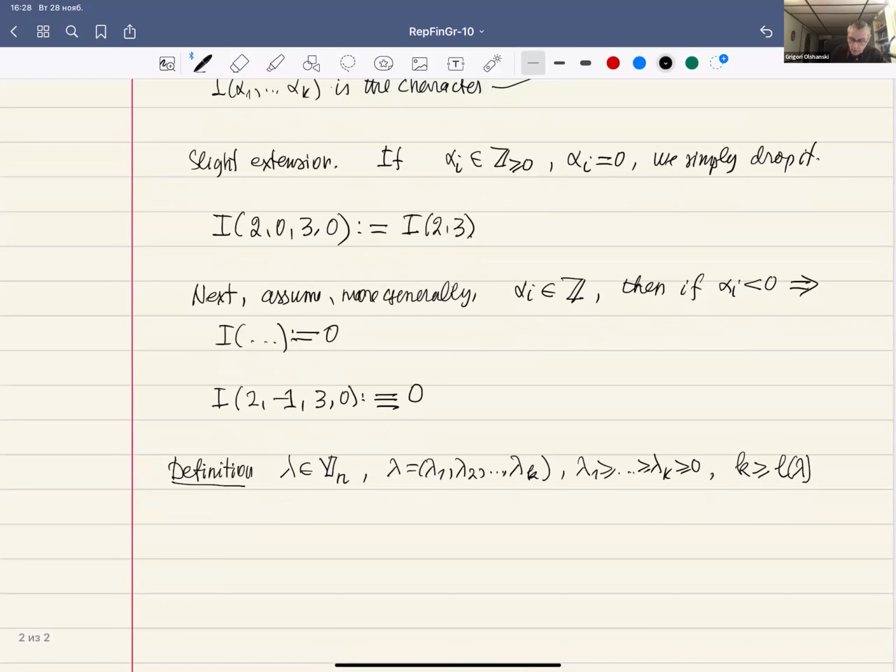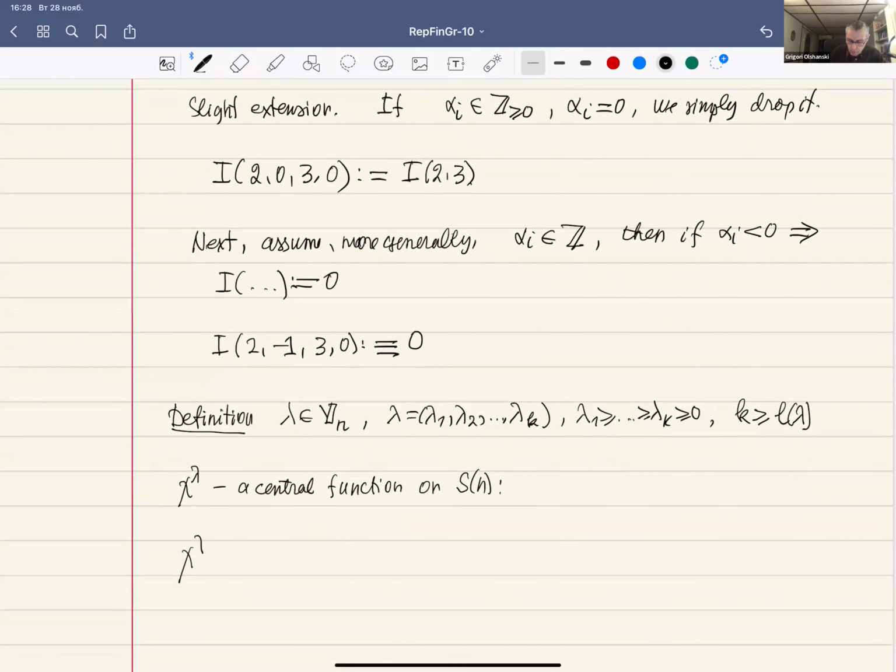Now I want to define this central function on the symmetric group as follows. By definition, the sum over permutations tau in k letters, with the sign of the permutation tau, and next we take these induced characters of such a type.